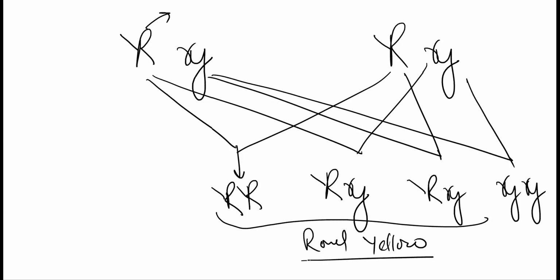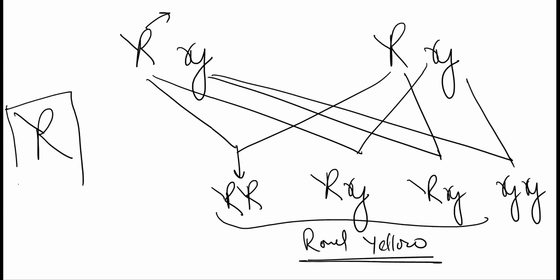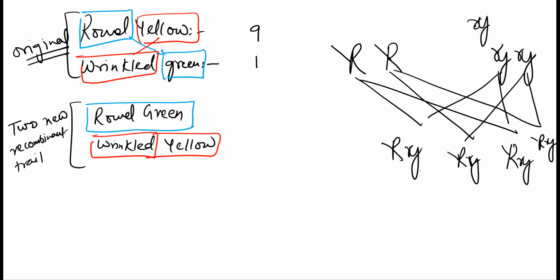Just keep in mind that we are assuming this is a special gene that controls both the round as well as yellow color. Then, if this gene is controlling both round and yellow, in the first generation you will get all round yellow.